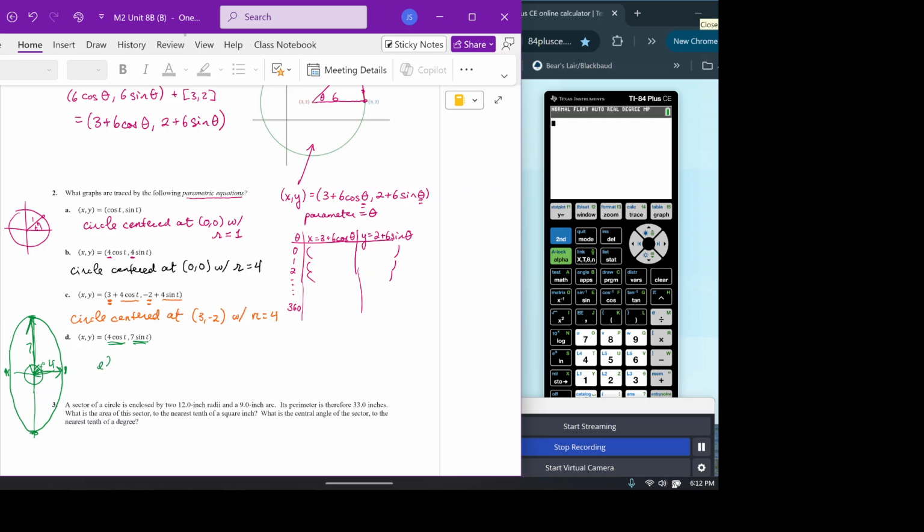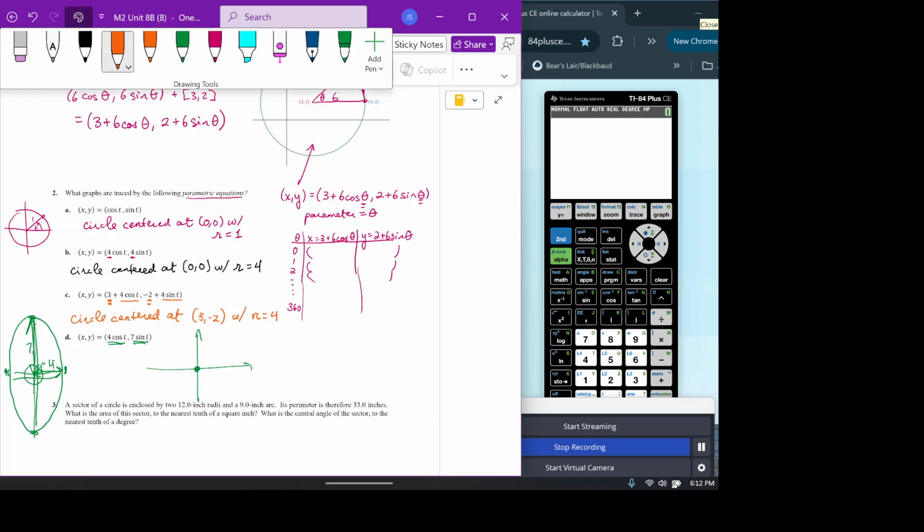So it's an ellipse centered at 0, 0 with, let's see, we could call this the minor axis and the major axis. Actually, I think at this point, it's easier to just graph it. So it's this one. So here's 0, 0.